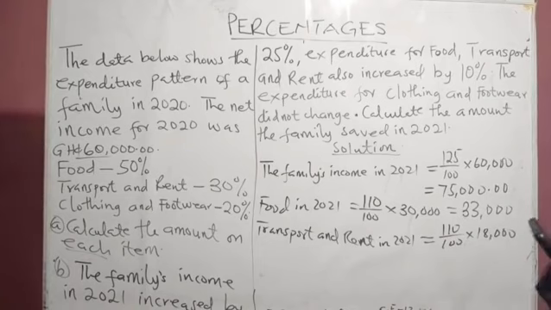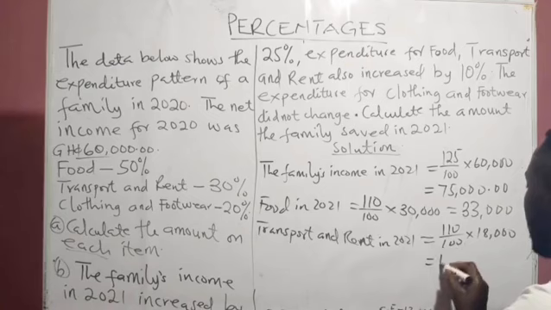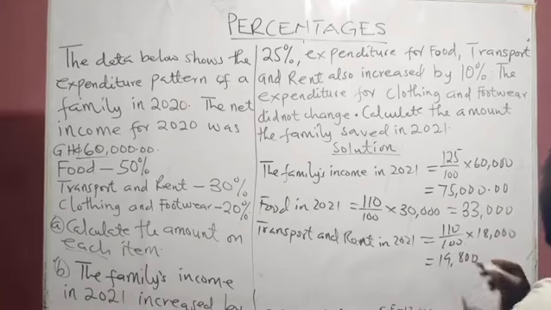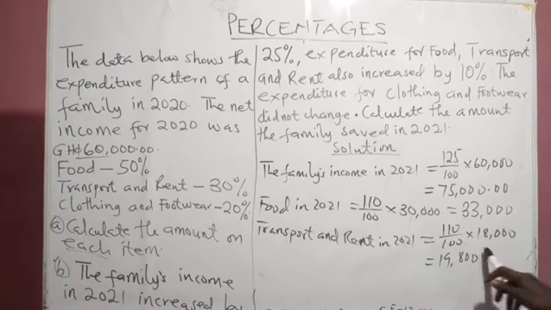That gives us 19,800. So transport and rent increased from 18,000 to 19,800 by the 10% increment. Clothing and footwear did not change, so it is still 12,000.